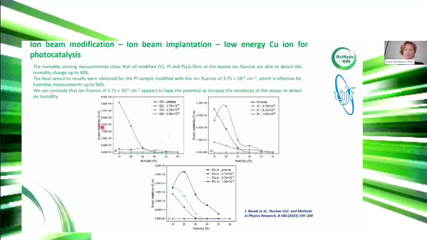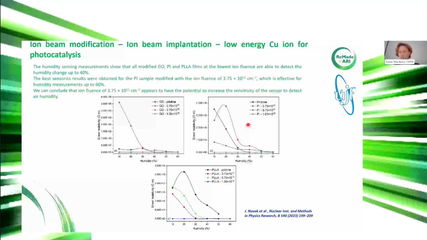So we measured sheet resistivity with changing humidity after the copper implantation. Here we saw that graphene oxide for the lowest fluence seems to be good and can be scaled with humidity, but not in the full range of humidity.